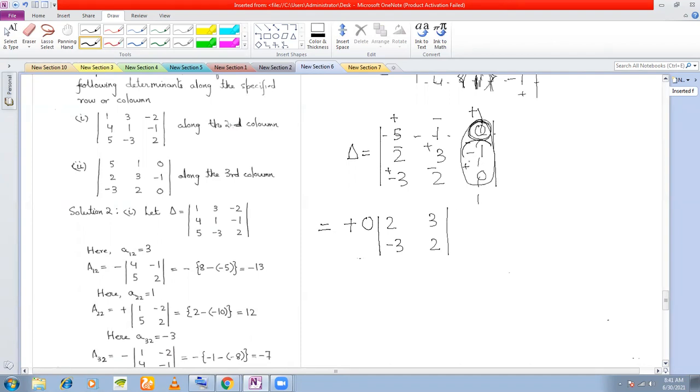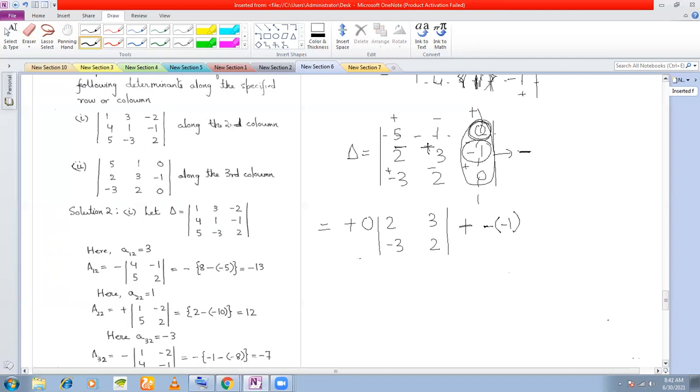I choose the next element and I take a plus. So what is the sign here? The sign here, if you see, is a minus sign. This position is a minus position, right? Minus, plus, and minus. So you have minus of minus 1, right?